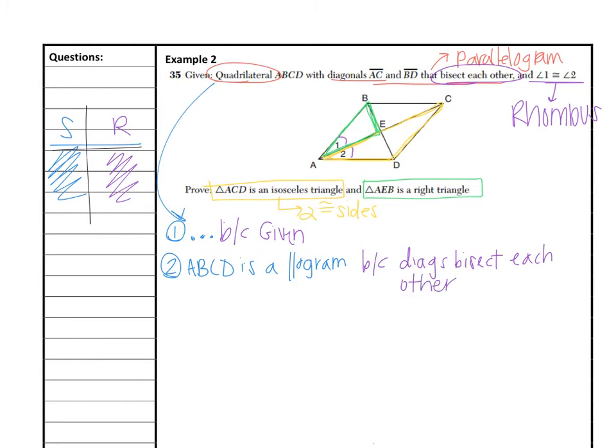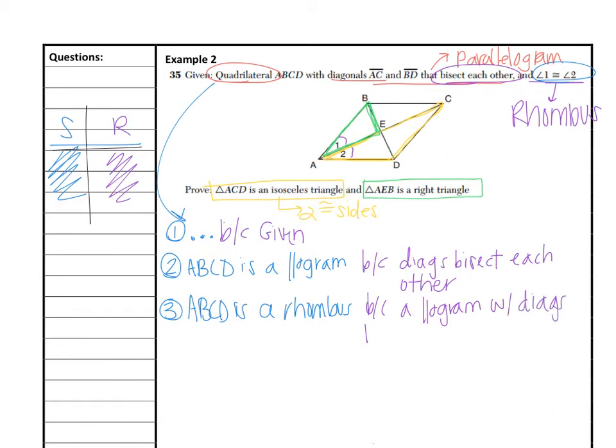And then I also said, well, wait a second, it's not just a parallelogram because it has an angle that's being cut in half to create two congruent angles. So ABCD is a rhombus. And this is because a parallelogram with diagonals bisecting an angle is a rhombus.